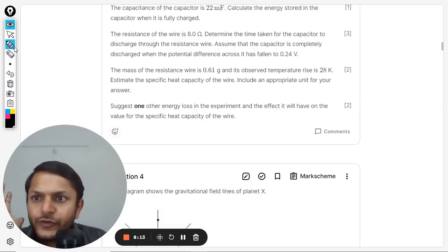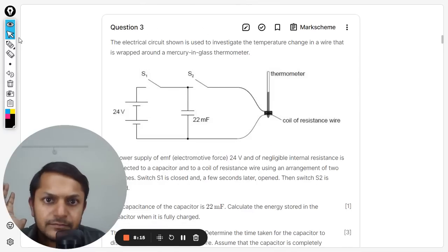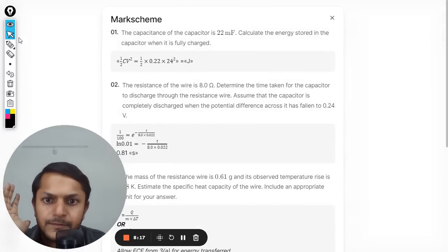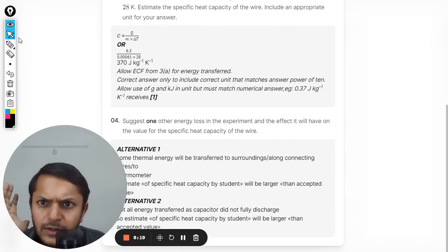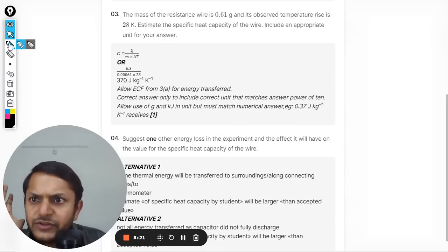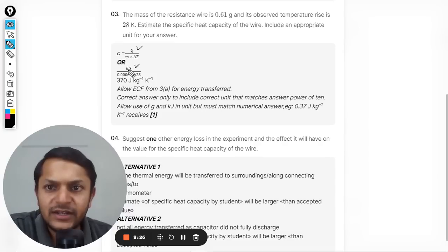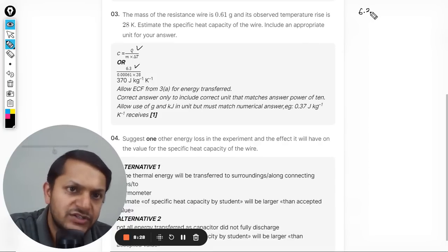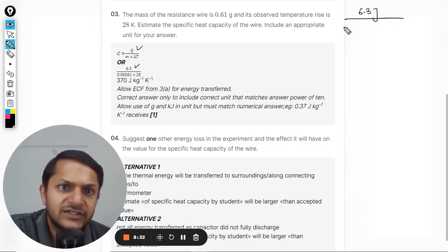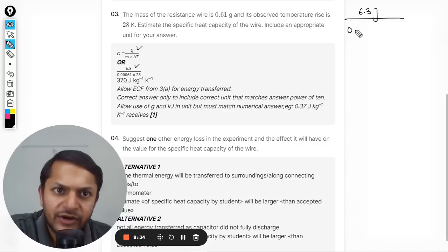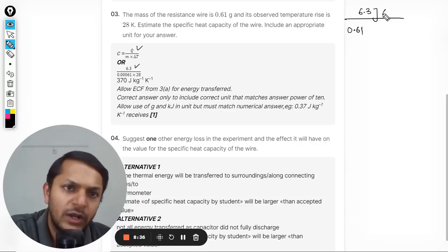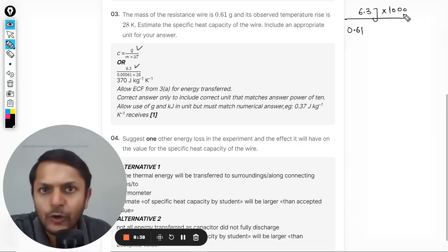Okay, let us go for the mark scheme now. You see, in question number 3, they have done the same thing. So Q, as they have calculated, they have taken it to be just 6.3 joule divided by the mass, which is 0.61 gram. I remember it was 0.61. You will be dividing it by 1000 to convert it into kgs.